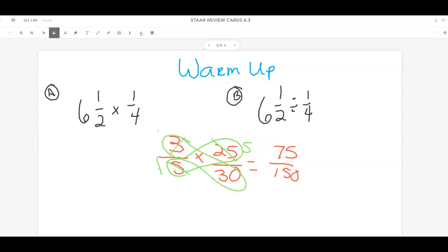So 3 divided by 3 is 1. 30 divided by 3 is 10. Now when I multiply across, 1 times 5 is 5. 1 times 10 is 10. And that's 1/2. So it's 75/150, but you would have to divide it down still. Either way, you get the same answer.